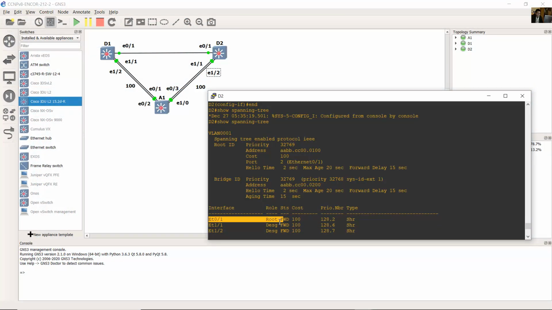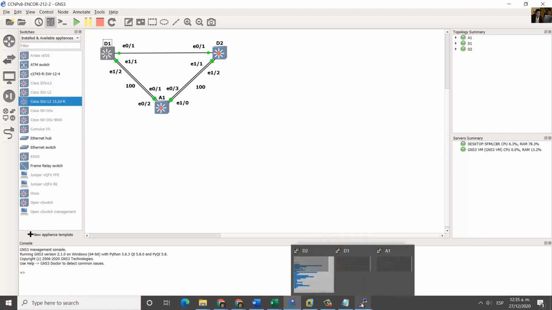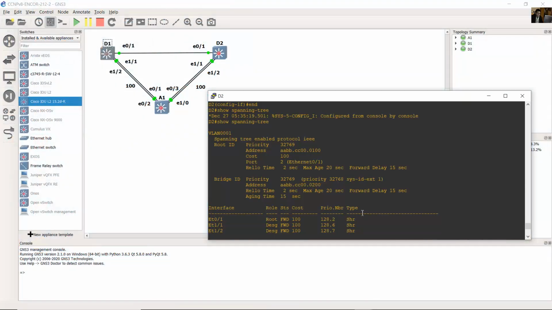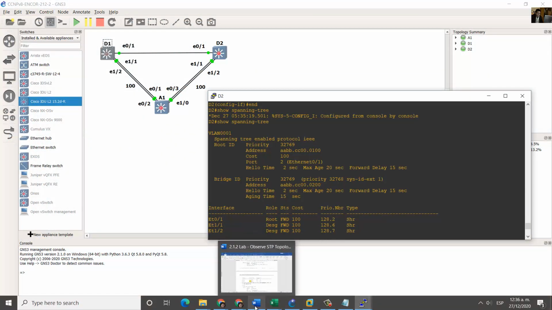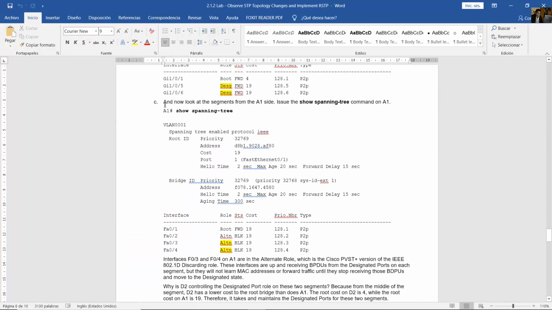Ethernet 0/1 is the root port because D1 is now the root bridge. And now look at the segments from the A1 side.